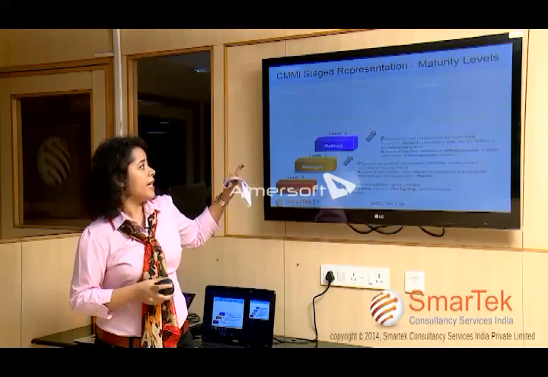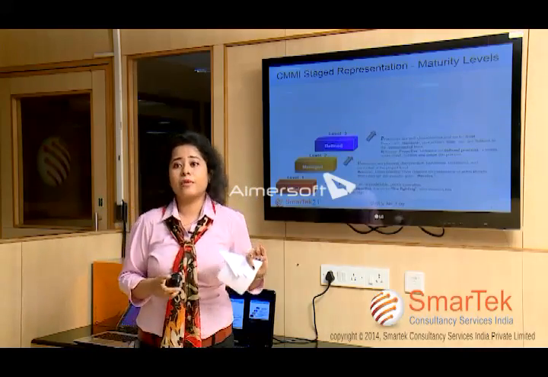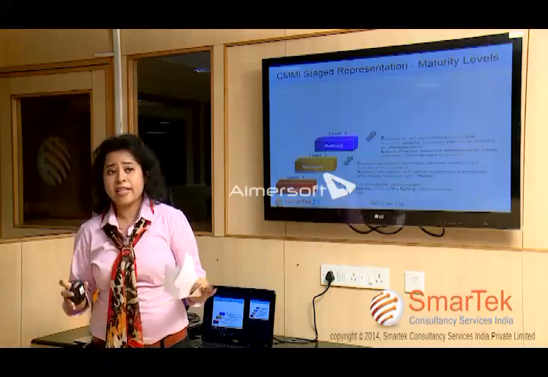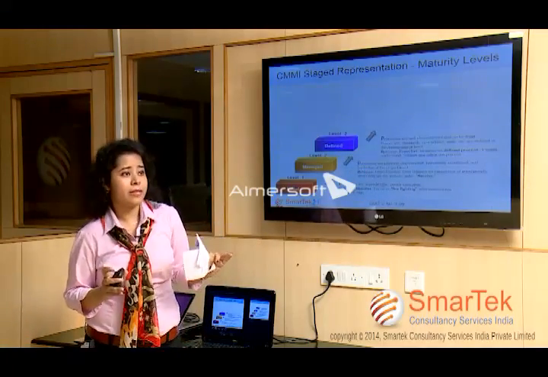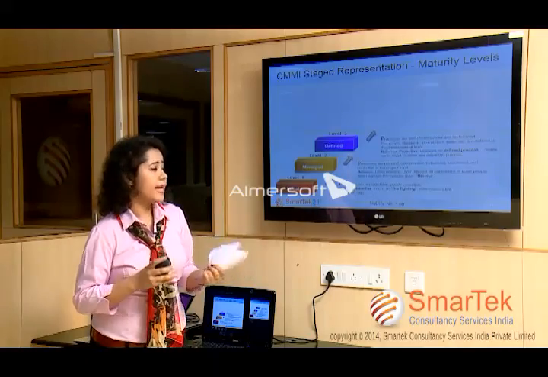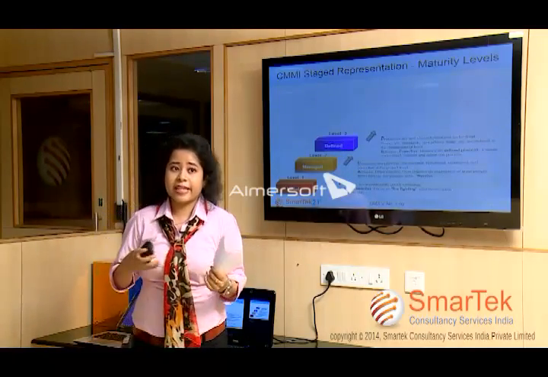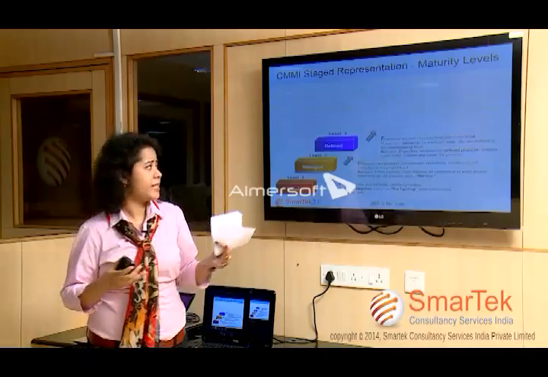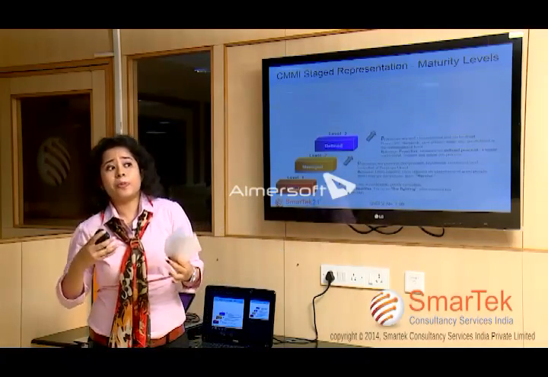Level 3 is where the processes are well characterized and understood. Here we are going to define the processes, place the guidelines for all the processes to be implemented, and then we are going to take care of whatever risk or defects proactively. We are going to predict those.